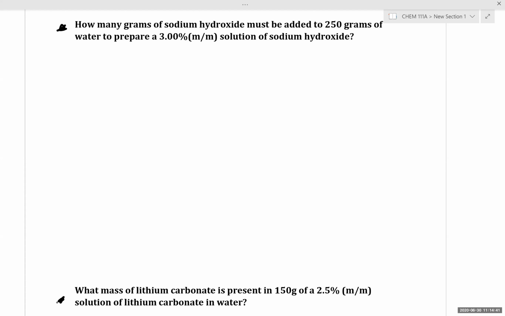And if there are any questions, or if you have a proposed solution for either of these two problems, don't be shy to share your proposed solution in the chat.